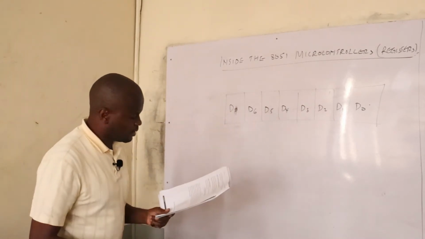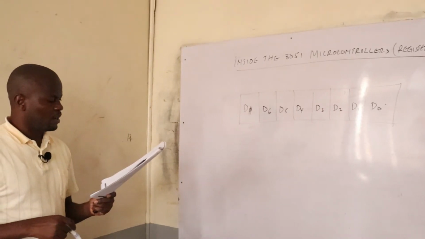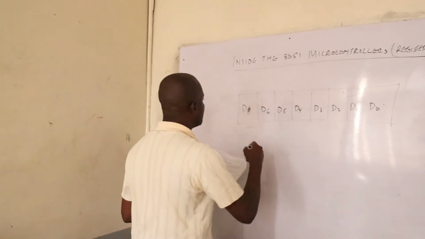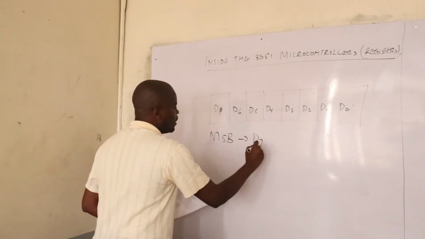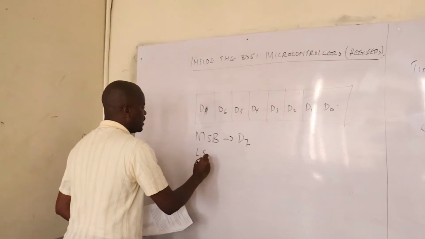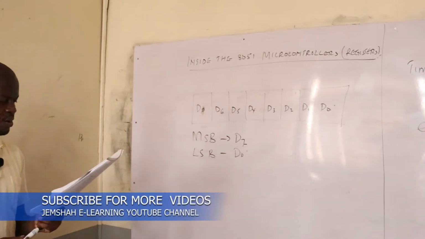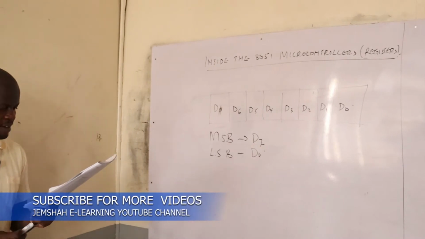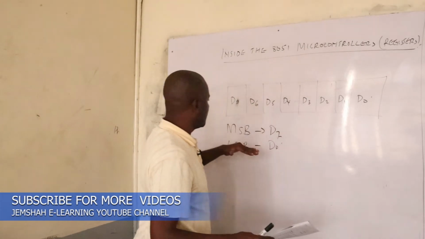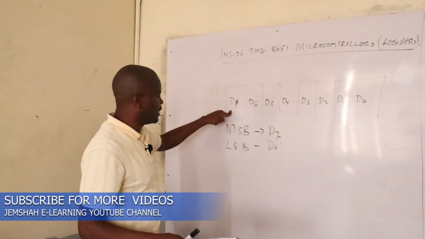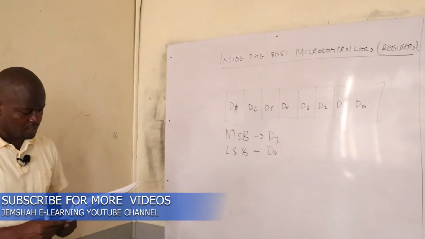The 8 bits of data, just as shown, have the MSB, the most significant bit, which is D7, while the LSB, the least significant bit, is D0. So we can see that these are 8 bits of data, with the most significant bit being D7 and the least significant bit being D0.